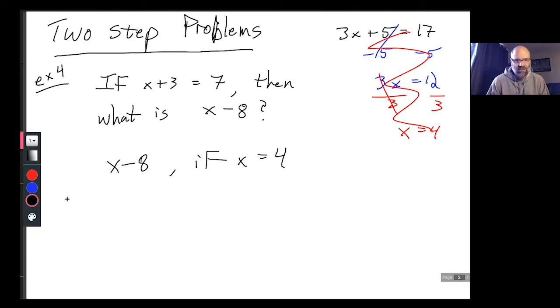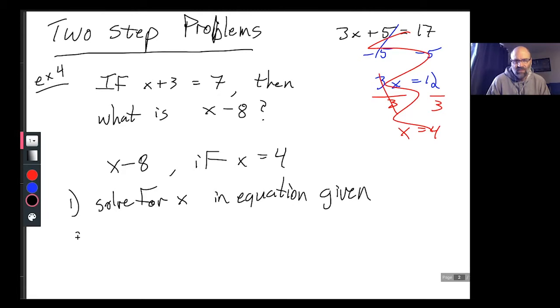So the two steps are: solve for x in the equation that they give you. Ignore the x minus 8 first, and solve the equation given. Then step 2, plug in the value for x in the next expression.